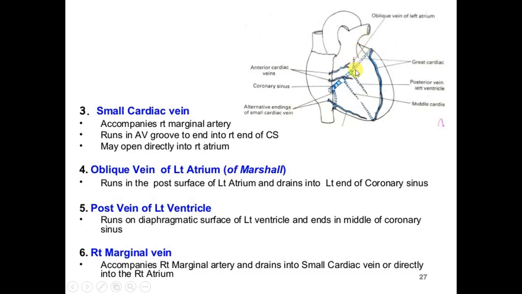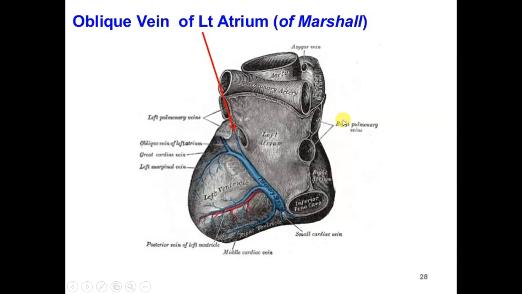It is said that the great cardiac vein receives all the tributaries, and when the vein of Marshall, the oblique vein of the left atrium, enters the coronary sinus and joins the great cardiac vein, it is then named the coronary sinus. Posterior vein of the left ventricle, and then the right marginal vein. So here we see the oblique vein of the left atrium, the vein of Marshall.